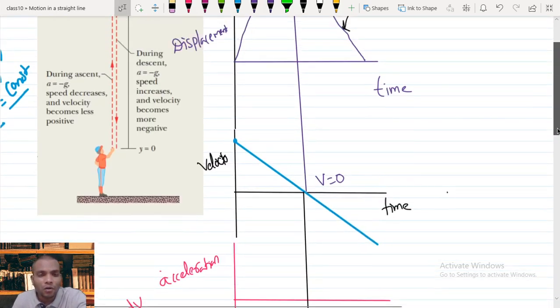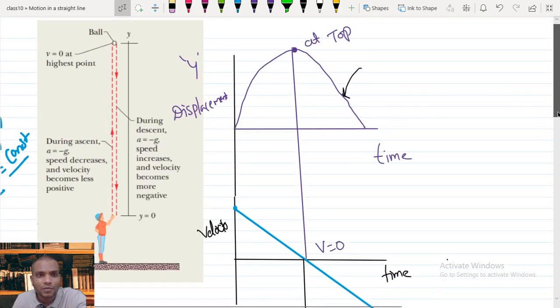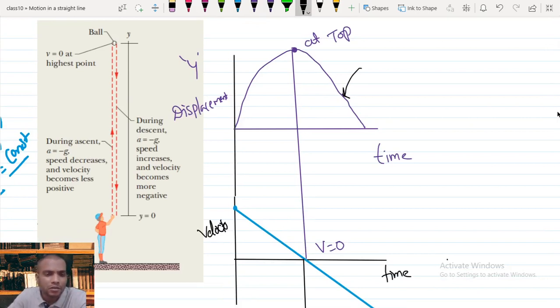So in free fall, whether the object is moving upward or downward, the acceleration is always negative. Keep that point in the back of your head. Again I am repeating, free fall means only the force of gravity acts on an object.